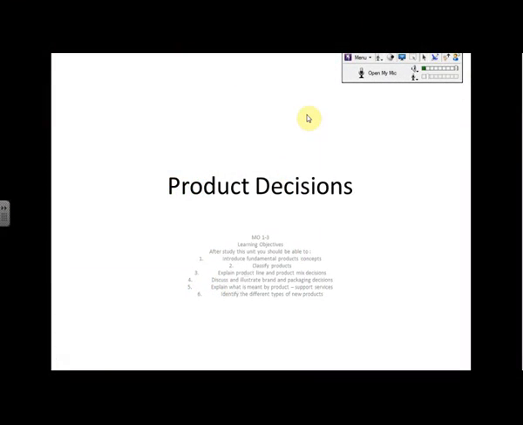Good afternoon and welcome again to our second workshop as we deal with the last unit of the marketing module. We'll be dealing with the topic product decisions.